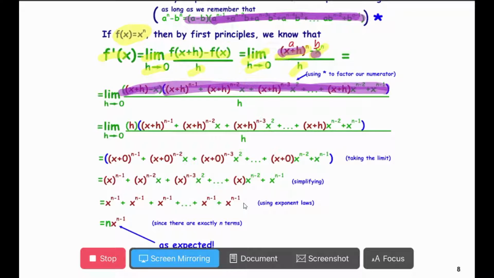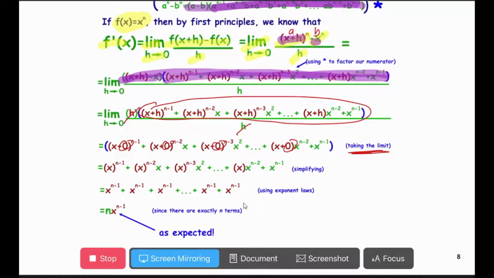We see we can factor out an h, so the h's are going to cancel. I'm just going to be left with this part right here. We're going to take the limit, so all my h's become zeros, and we're familiar with this. And as we go through and simplify and rewrite using our exponent laws, so x to the n minus 1 and x to the n minus 2 times x and x to the n minus 3 times x squared.